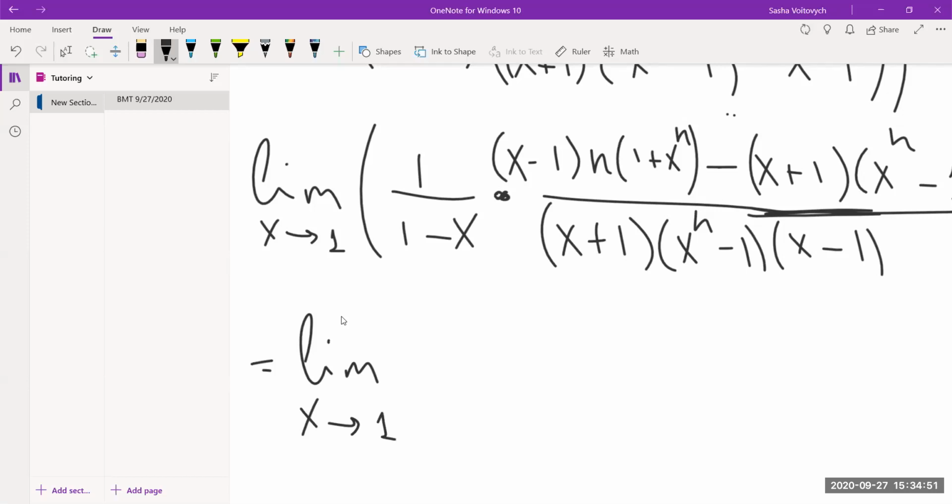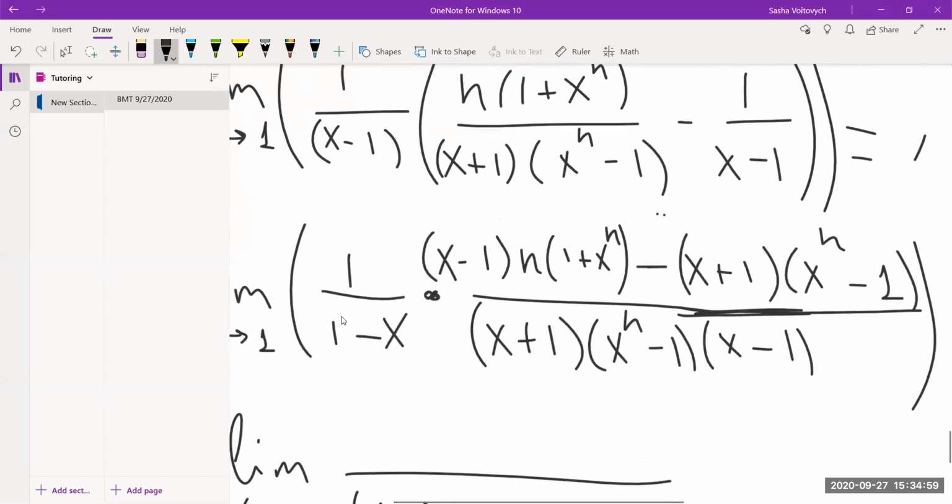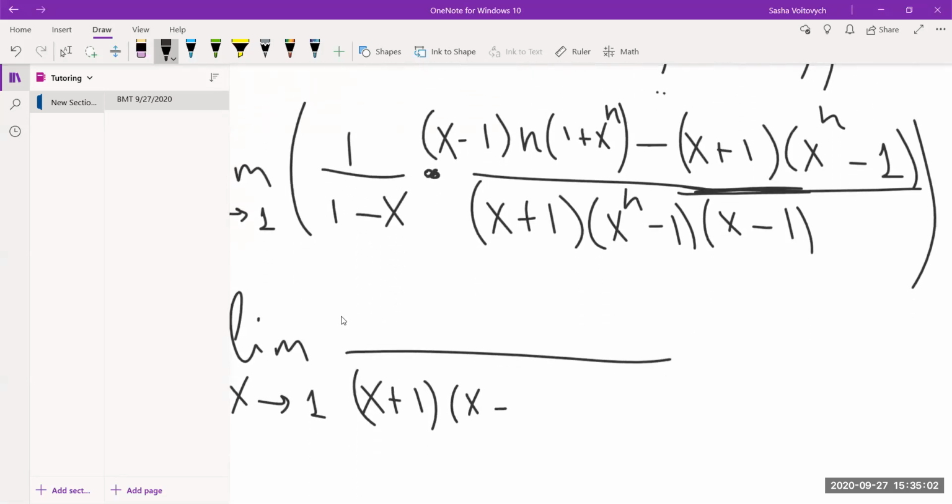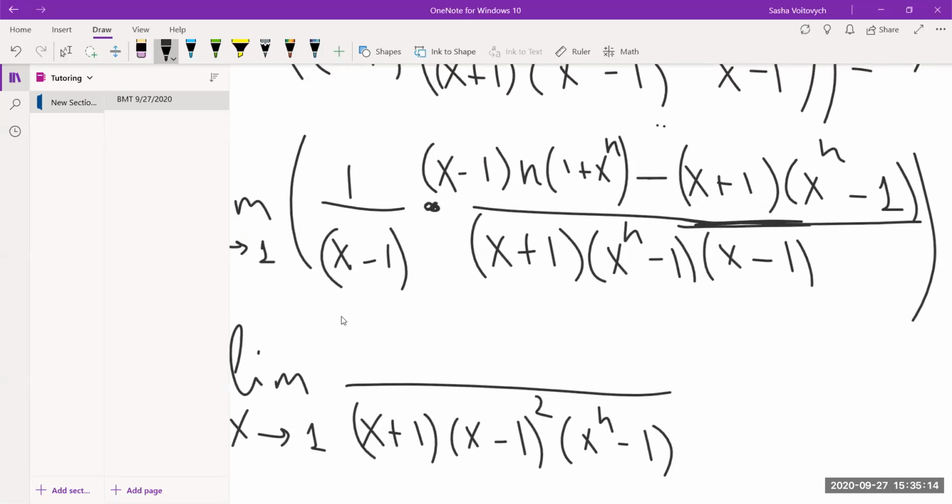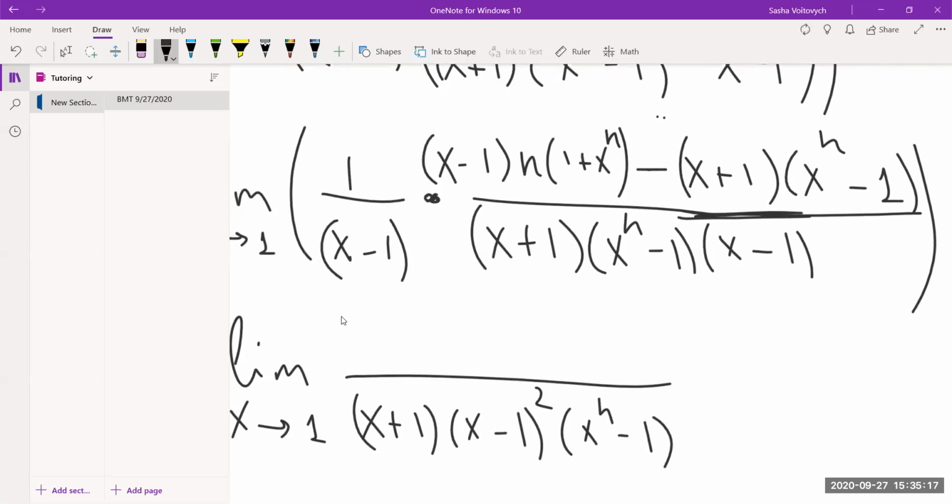So we just have to evaluate this limit now. x plus 1, x minus, yeah, this is supposed to be x minus 1. x minus 1 squared, x to the power of n minus 1. Yes, I think we'll have to divide the numerator by x minus 1 regardless. So let's just divide the numerator and denominator by x minus 1.